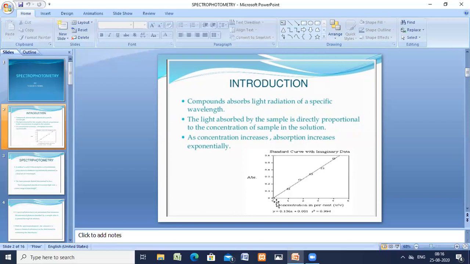As the concentration increases, the absorbance also increases, and both are directly proportional. You can see in the graph how it is increasing. This is the main principle in spectrophotometry.